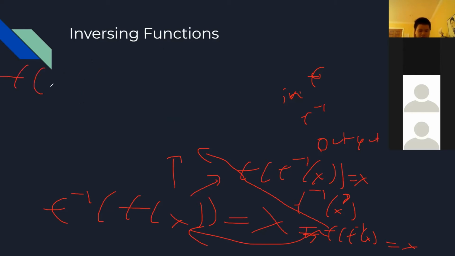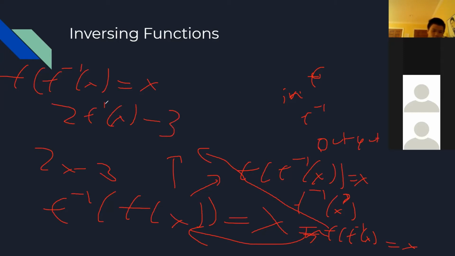So f negative 1 of x. So f(x) is 2x minus 3. So we have to find a function, an expression really, f negative 1 of x, such that this is true. So what we can do is take this as a variable y, or rather it can just stay as itself, variable f negative 1 of x.